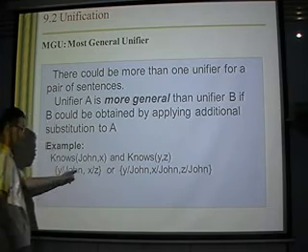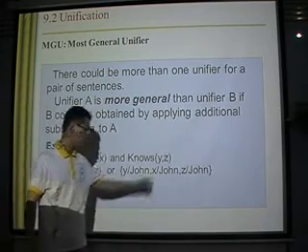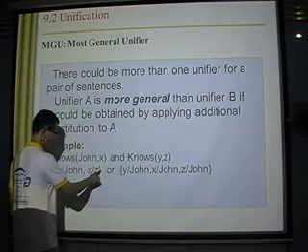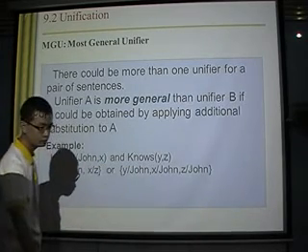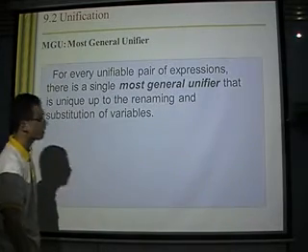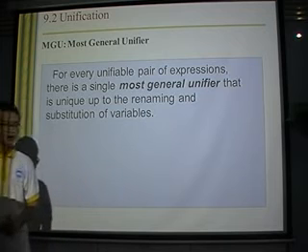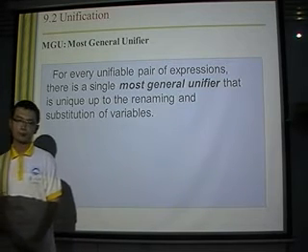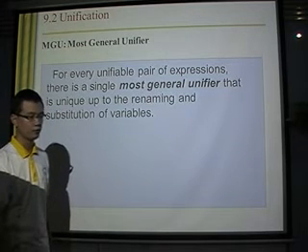And this one on the left is more general than the one on the right, because if we apply the substitution John to Z, we can obtain the one on the right. And for every unifiable pair of expressions, there is a single most general unifier that is unique up to renaming of the substitutions and of variables.